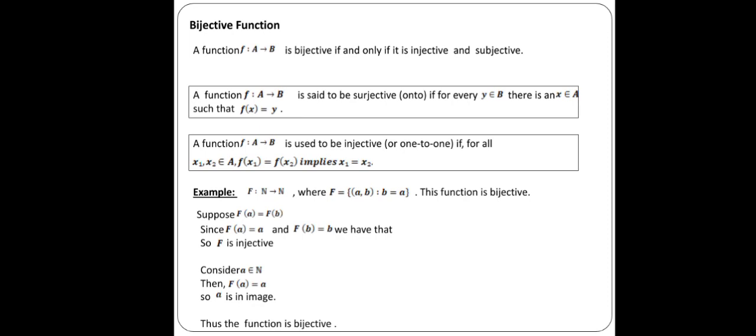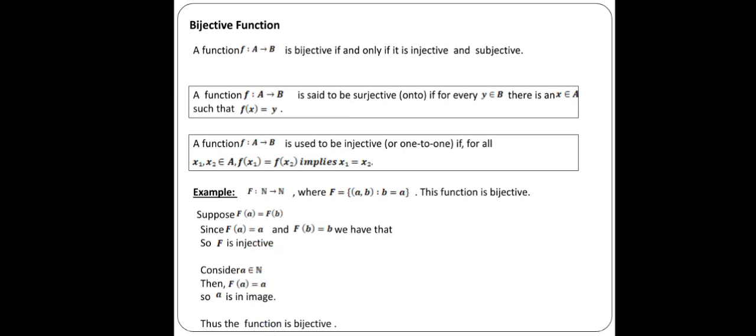So, first, we will prove that f is injective. Suppose that f of a is equal to f of b. Since f of a is equal to a, and f of b is equal to b, we have that a is equal to b. So f is injective. After we prove that f is injective, we will now prove that f is surjective.